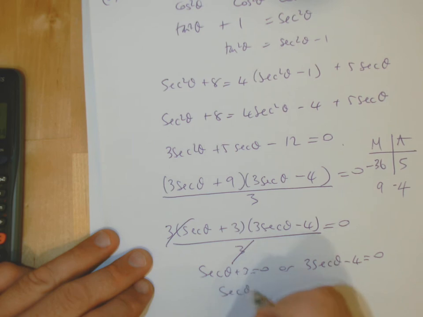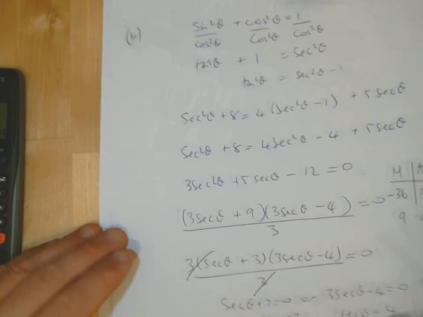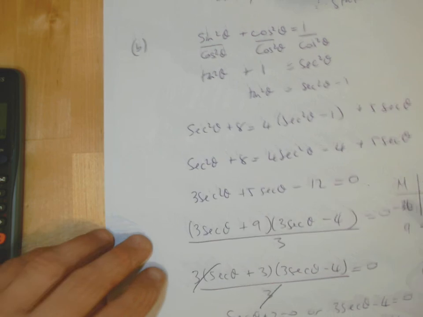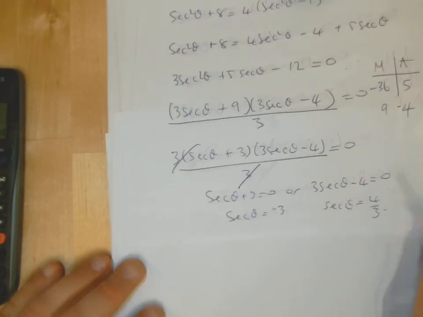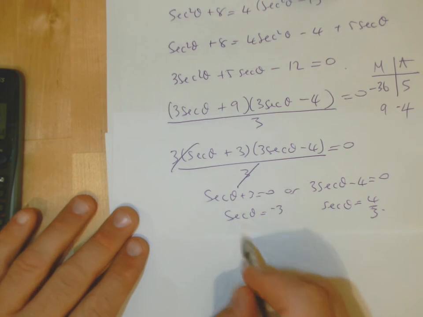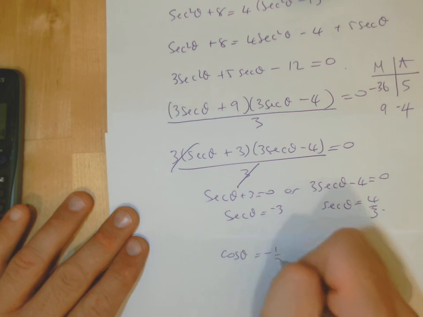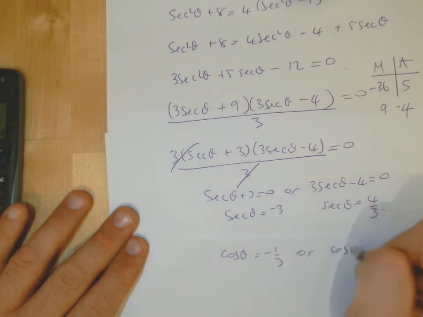So sec theta equals minus 3, sec theta equals 4/3.